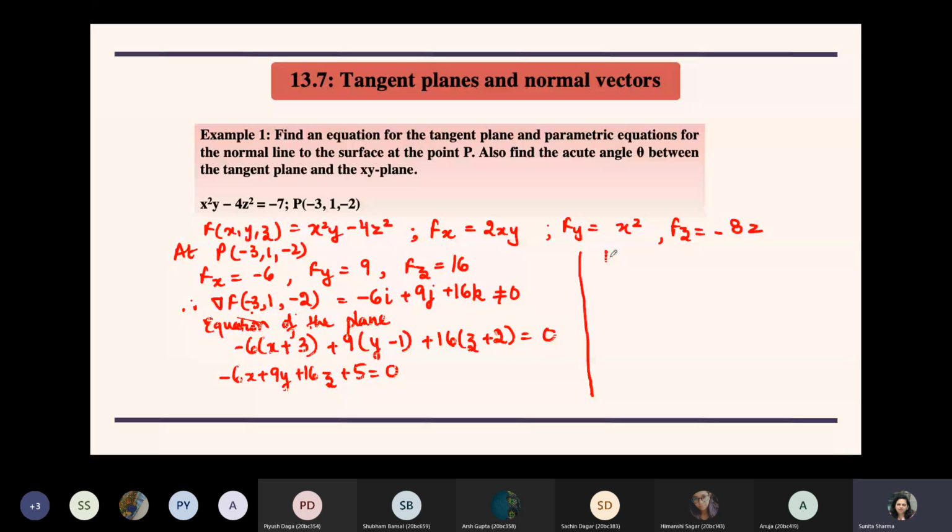So we will use this gradient to get the equation of the normal line. So we have that the normal line is just in the direction of the gradient of f, which is minus 6i plus 9j plus 16k.